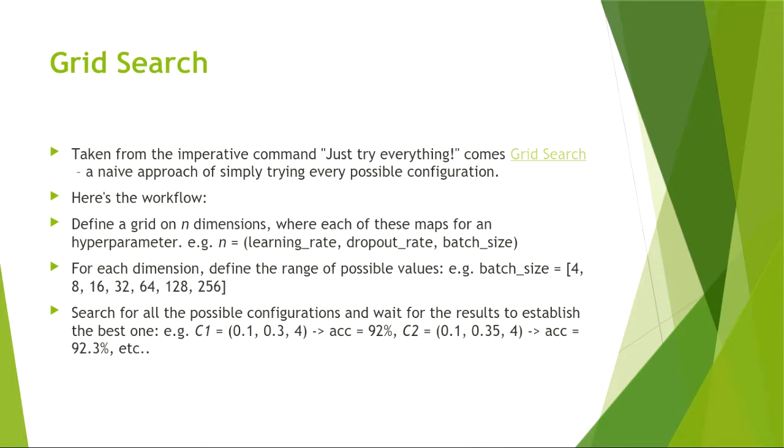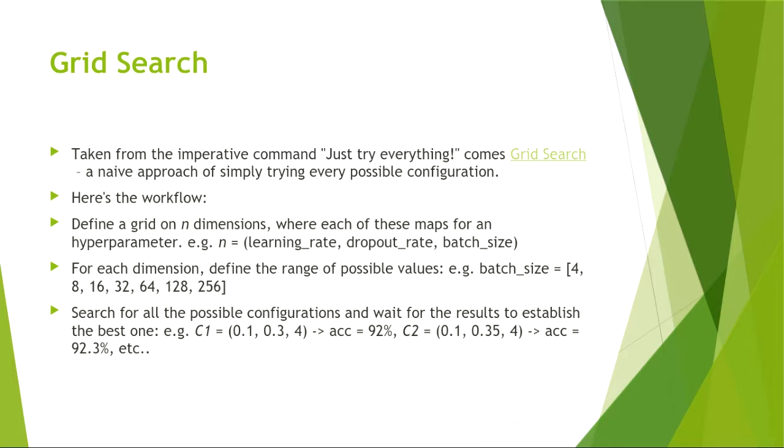C1 means configuration 1, and this one is configuration 2. When we set C1 with learning rate 0.1, dropout rate 0.3, and batch size 4, the accuracy was 92%. But if we change the dropout from 0.3 to 0.35, the accuracy of this configuration was 92.3.